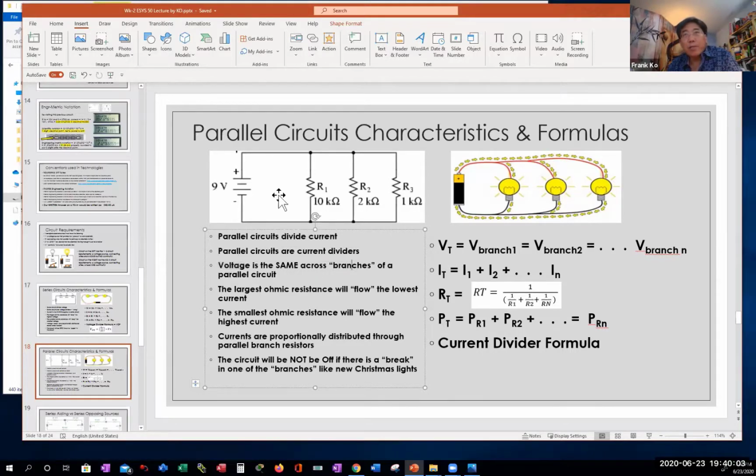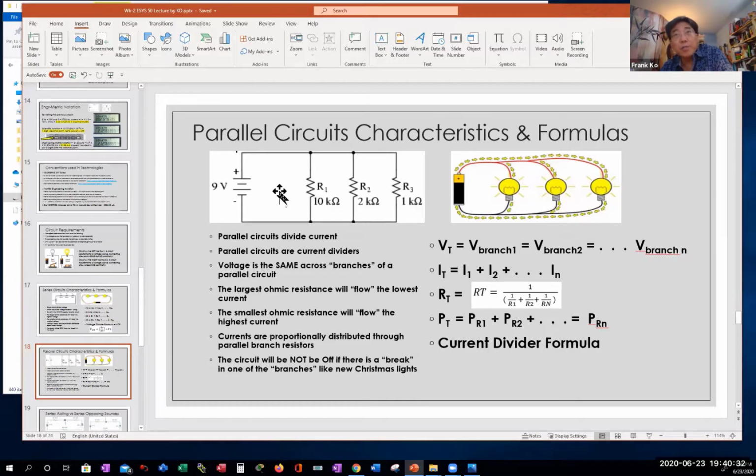Look at my illustration here, the circuit with the 9-volt source. Is the top of each of these resistors connected to the top of my source? Yes. Is the bottom of each of these components connected to the bottom of my source? Yes. So if I take my digital multimeter and measure across each of these resistors, they're all going to be 9 volts.